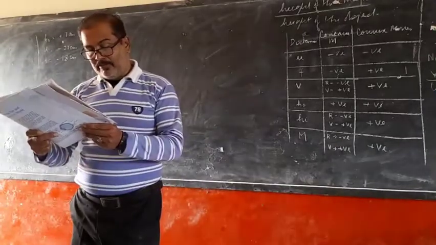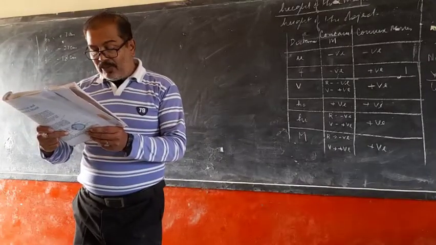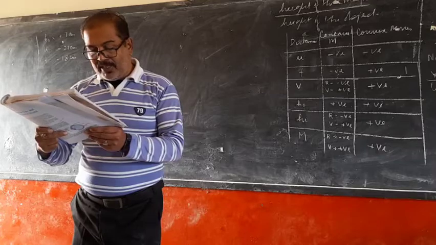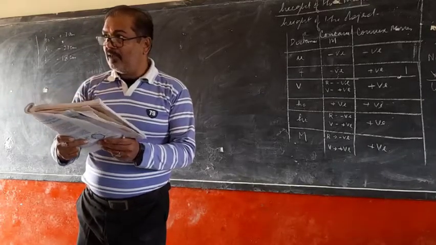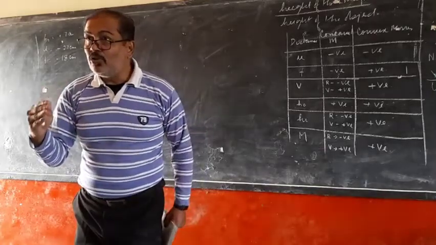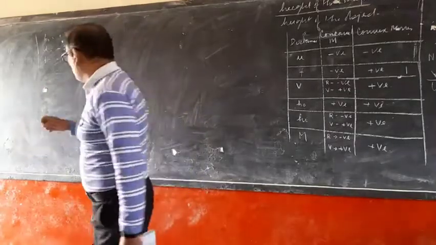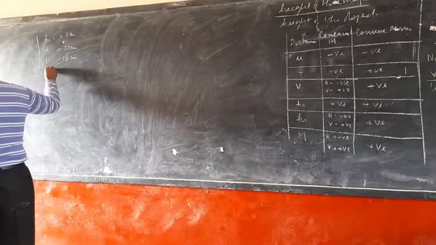Now, at what distance from the mirror should a screen be placed so that a sharp focused image can be formed? What always forms on a screen, children? Image. So what is being asked? Image distance.